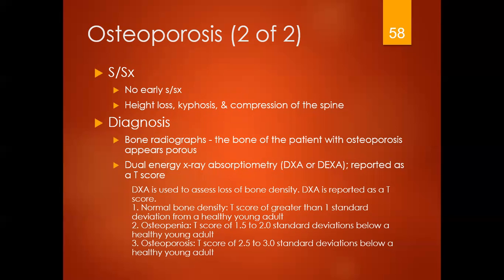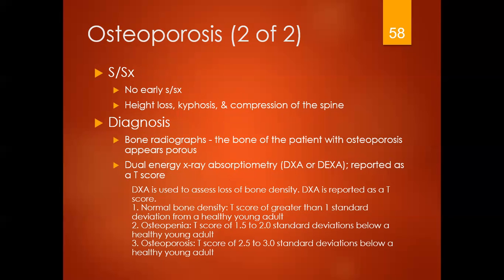During a DEXA scan, you get a T-score. That T-score will tell us how dense the bone is. In normal bone density, we see a T-score of greater than 1 standard deviation from the healthy young adult. Osteopenia would be a T-score of 1.5 to 2 below a healthy young adult, and osteoporosis is 2.5 to 3 below that healthy adult number.